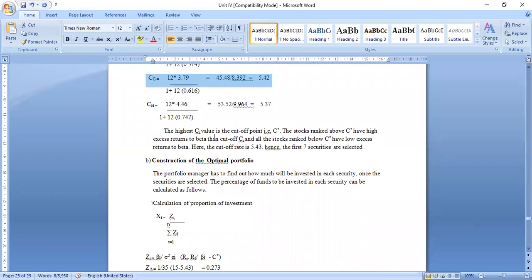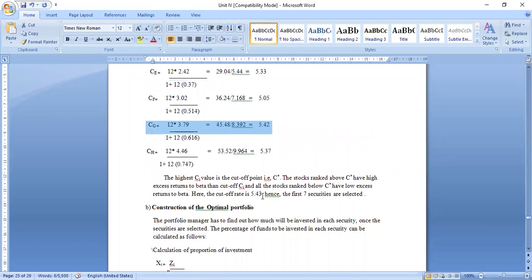The highest Ci value is the cutoff point, that is C star. So the stocks that are ranked above C star will have higher excess returns to beta than the cutoff Ci, and all the stocks ranked below C star have low excess return to beta. So here the cutoff rate is 5.43, and hence the first 7 securities are to be selected.